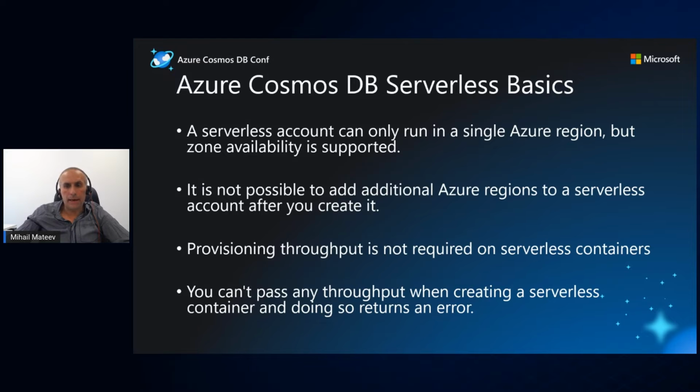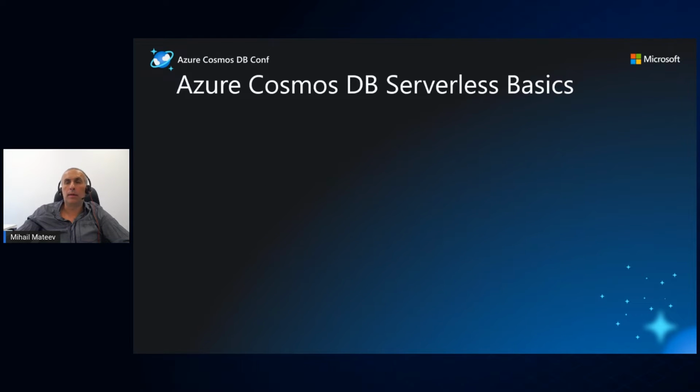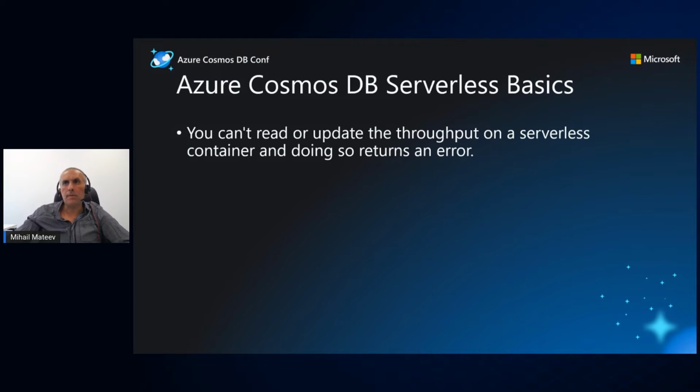Now we have no need to think about such considerations. When applications attempt to change the throughput, Cosmos DB returns an error, and we will see how it works in different scenarios using demos.